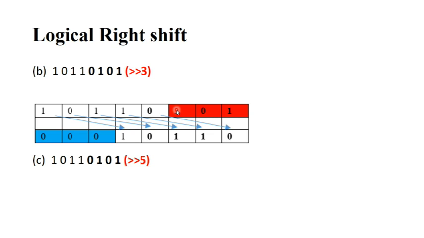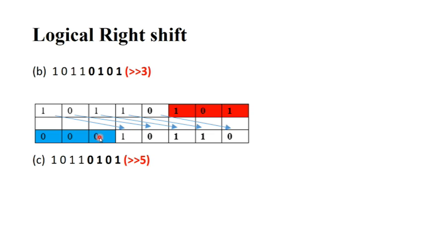But as much as we have discarded these 3 rightmost bits, we also have empty spaces that are left available, and they need to be filled. Otherwise, our register will only have 5 bits. So in these empty slots, I put 3 zeros.